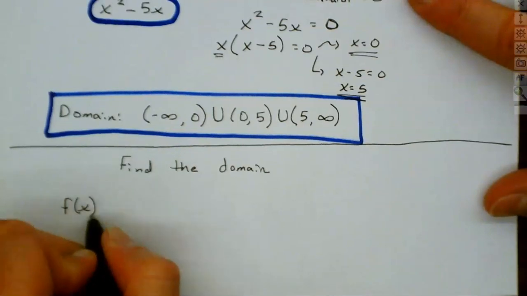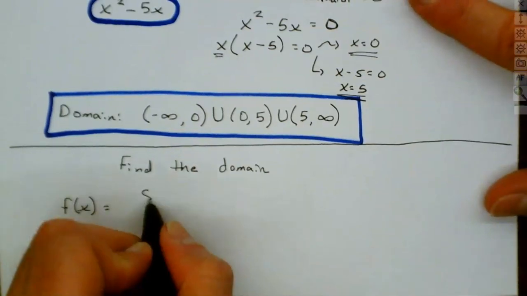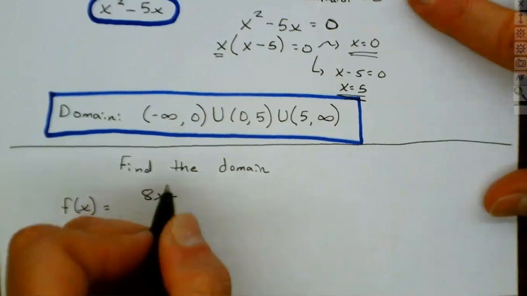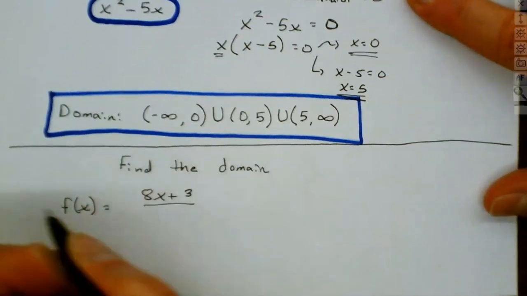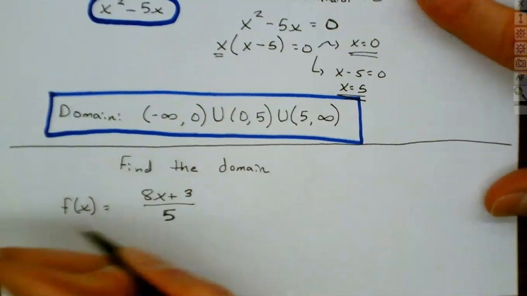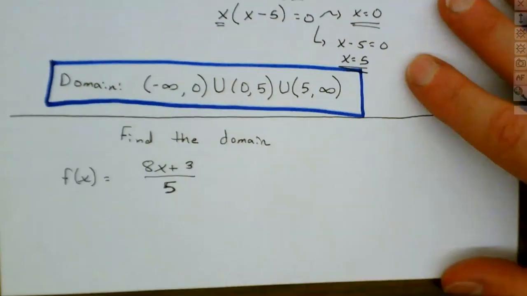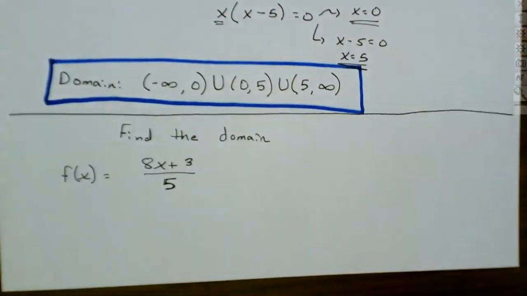Again, we're going to be finding the domain. Now, how is this one different from the others? Well, in all of the others that we looked at, the 2 before, we had an x in the denominator, didn't we?